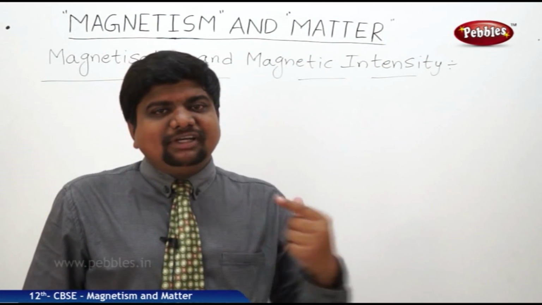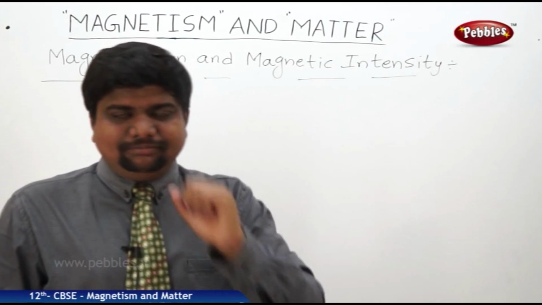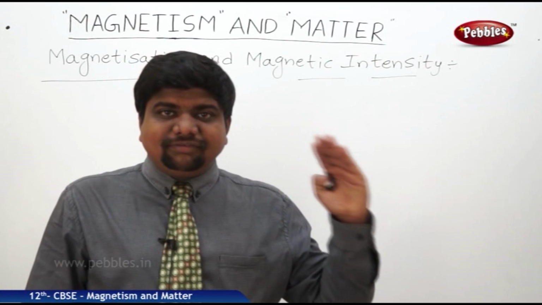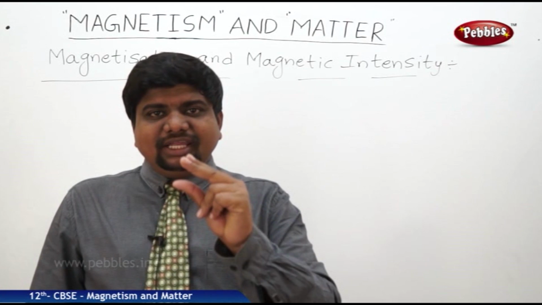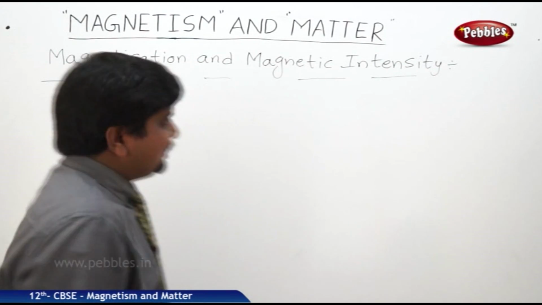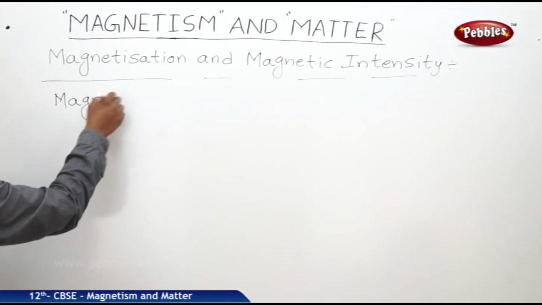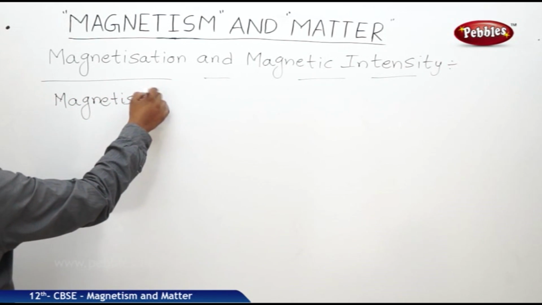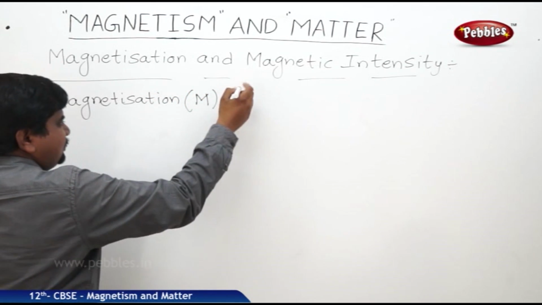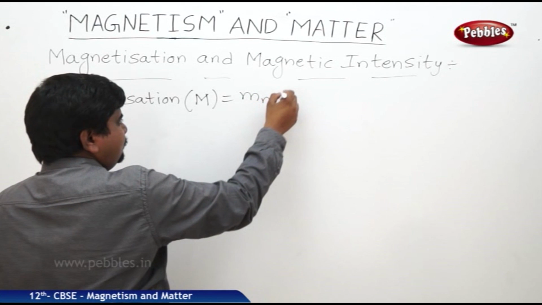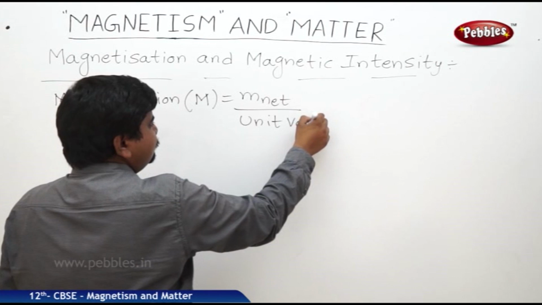The total magnetic field due to the solenoid is the sum of the interior field plus the exterior field. Magnetization, capital M, is equal to M net per unit volume.